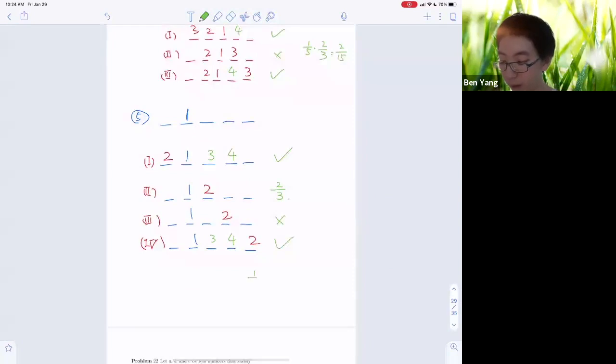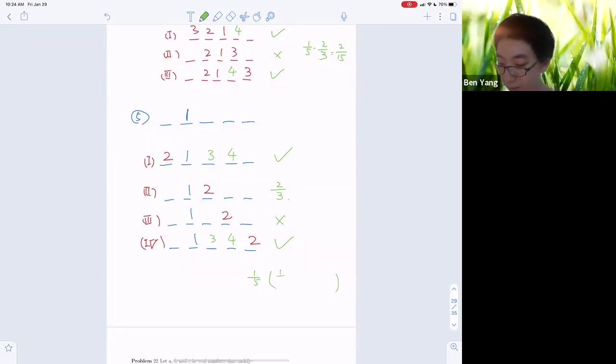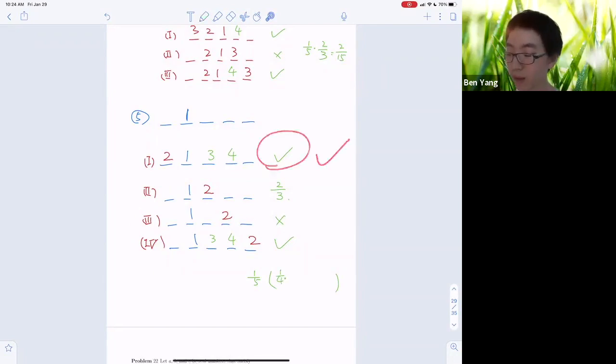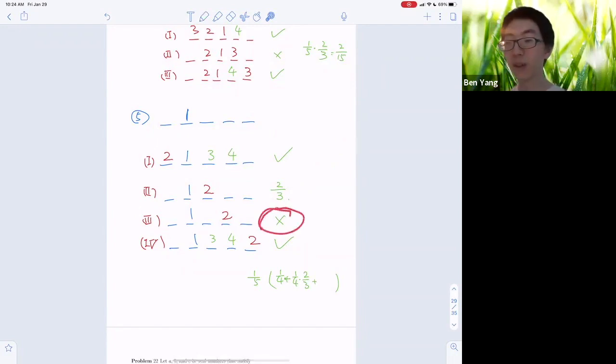All right, let's compute the probability. So 1 over 5 times, each of the subcases here is like 1 over 4. So 1 over 4 times, if things are good, then it's just 1 over 4. So here we need to multiply 1 over 4 by 2/3. And nothing's happening here.